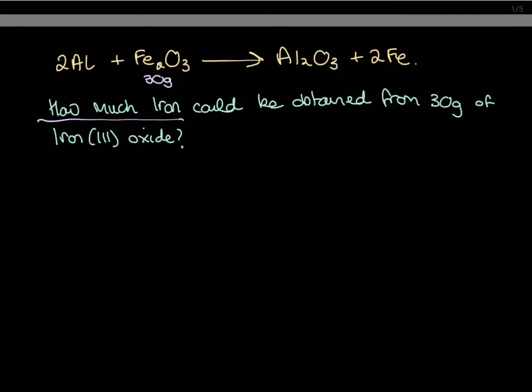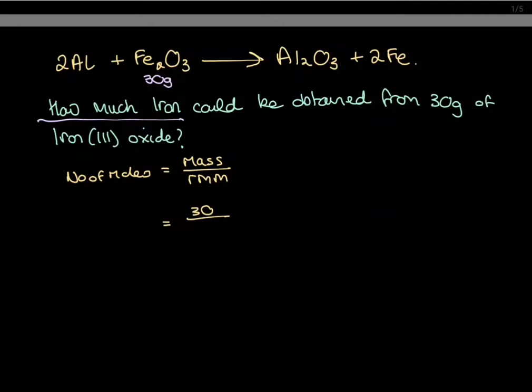So if I have grams, I can find out moles. So we're going to go with trying to find out the number of moles of iron oxide present. So 30 grams is what we have.